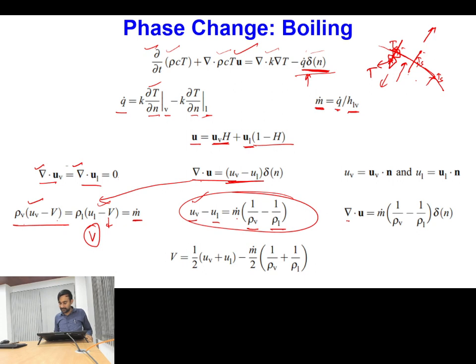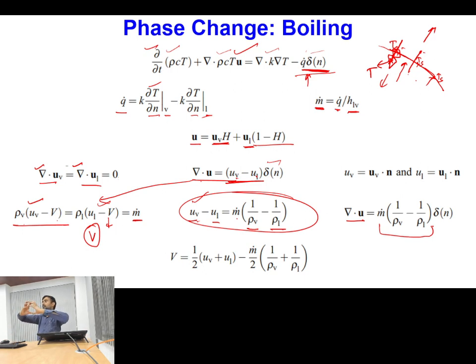And if you calculate the gradient of u near the interface, then uv minus ul in this equation you can replace with this particular quantity. What does the gradient of velocity represent? From basic fluid mechanics, it is nothing but the volumetric strain rate. What is the meaning of volumetric strain rate?